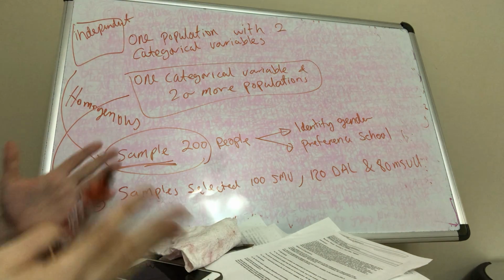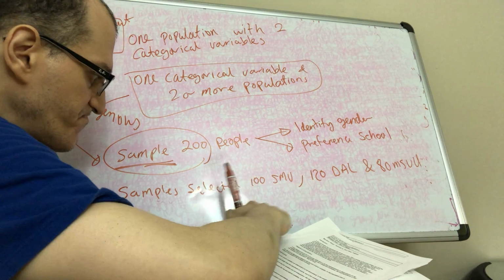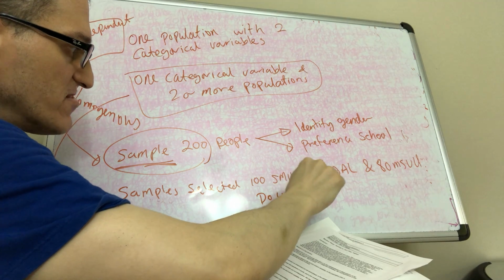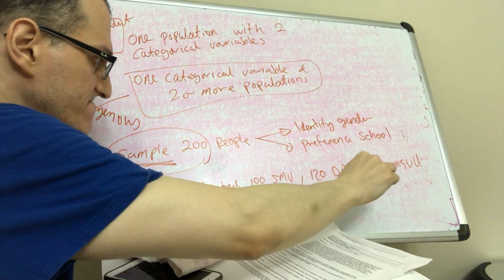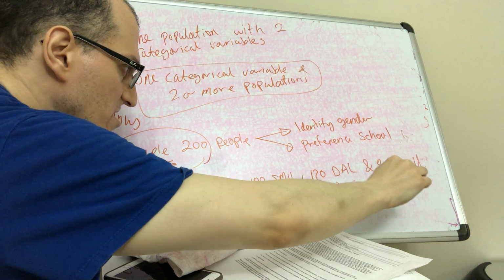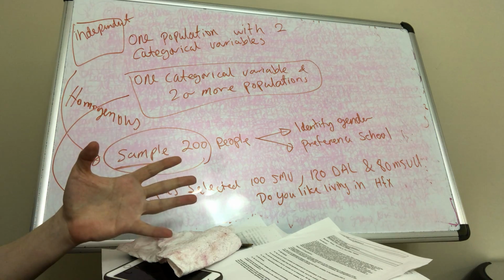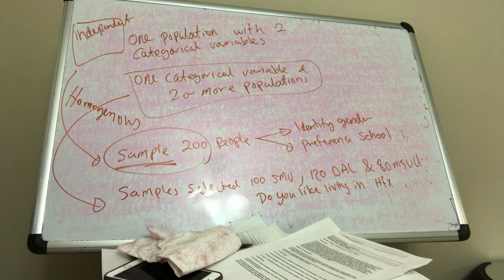So you have multiple samples, and you ask them one question: do you like living in Halifax? So when you have multiple samples and you ask one question, that would be an example of homogeneous.